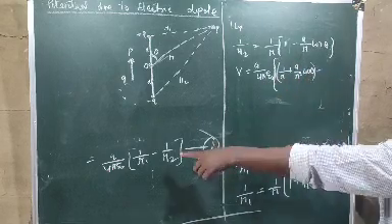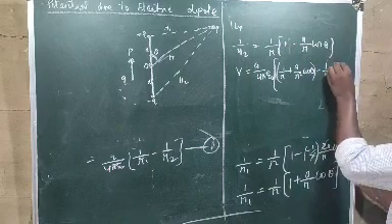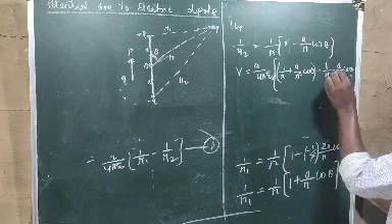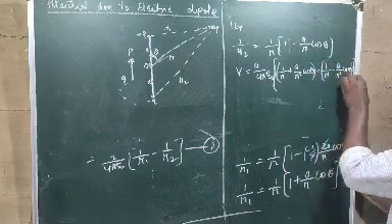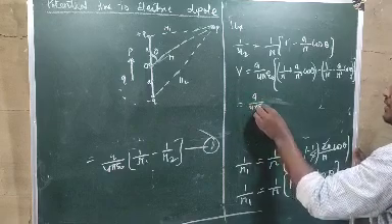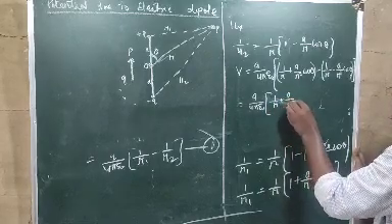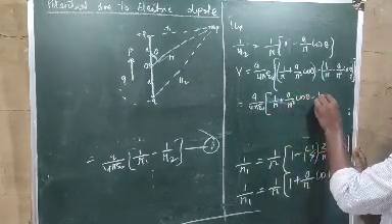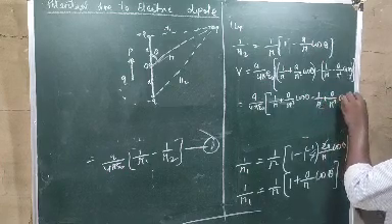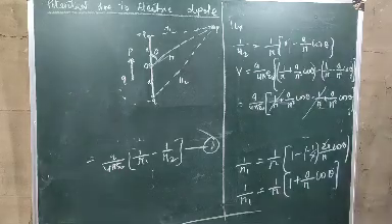Minus is there here. So putting 1 by r2 as 1 by r minus a by r square cos theta, this will be q by 4 pi epsilon naught times (1 by r plus a by r square cos theta) minus (1 by r minus a by r square cos theta). The minus 1 by r and plus 1 by r will get cancelled.